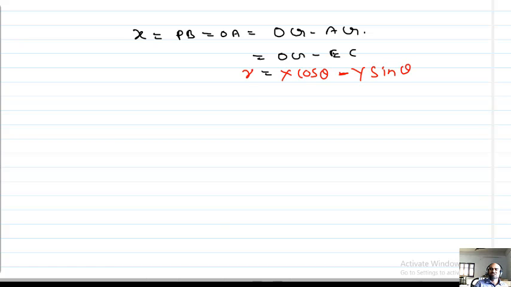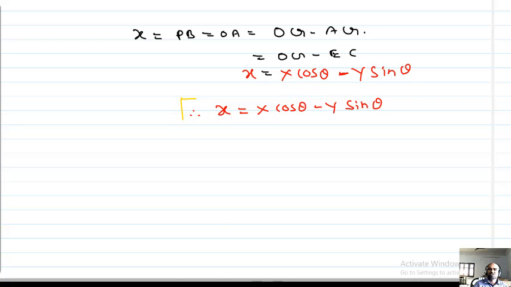Now what I got? Small x equals capital X cos theta minus capital Y sin theta. This is the relationship between capital X, capital Y and small x.